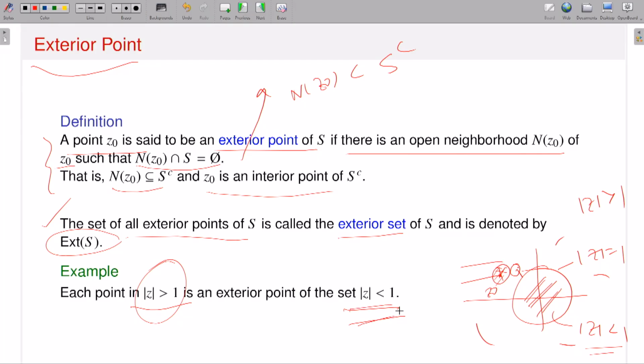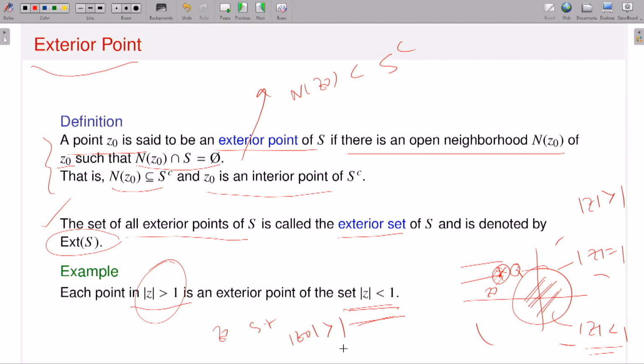Therefore each point is an interior point of the set mod Z greater than 1, and therefore the set mod Z greater than 1 is the exterior set of the set mod Z strictly less than 1. Okay, I hope this is clear. Say take a Z0 such that mod of Z0 is greater than 1.